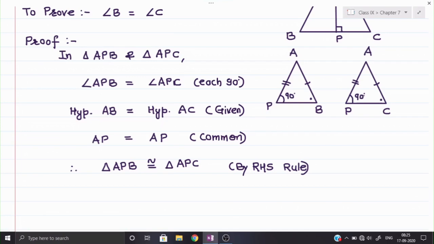Now since my triangles are congruent, these corresponding angles or any corresponding parts will be equal. So I can say that angle ABP is equal to angle ACP. The reason we will give here is CPCT.